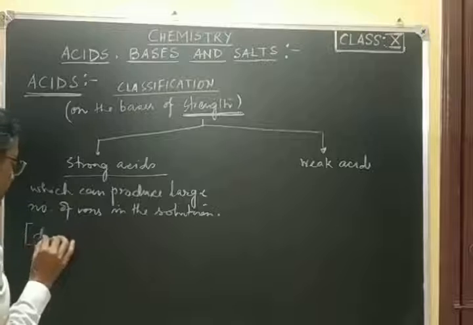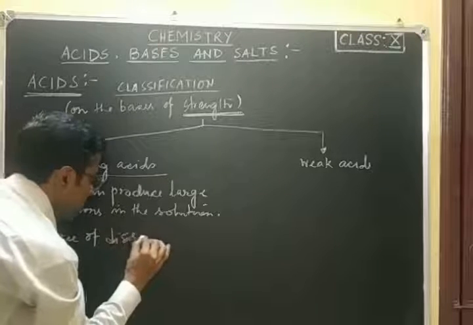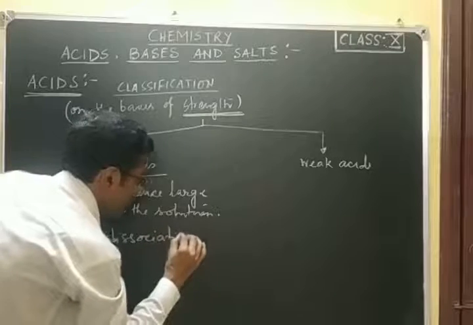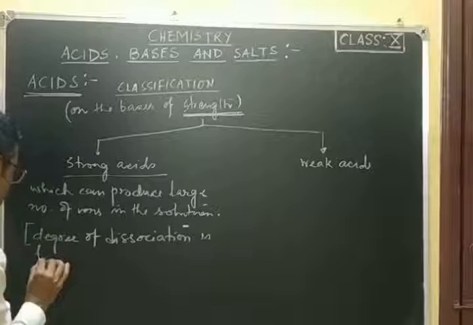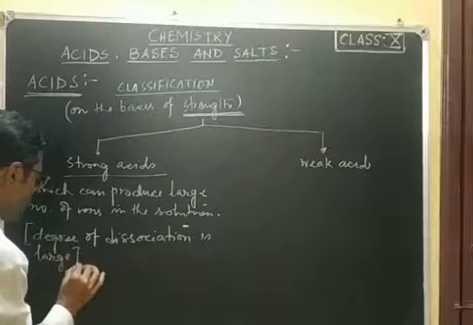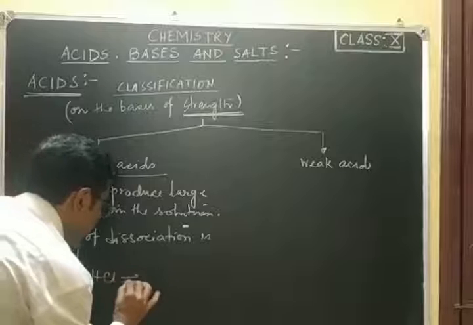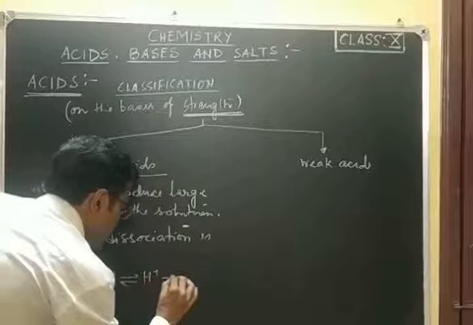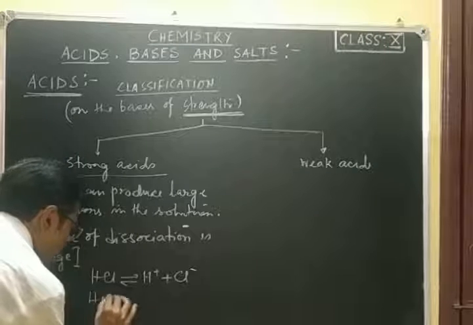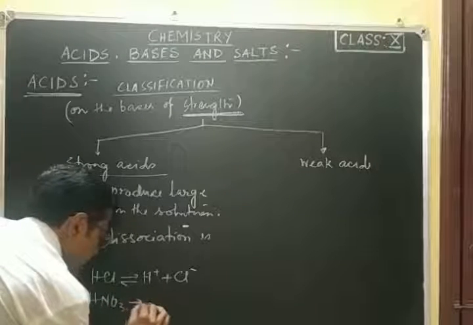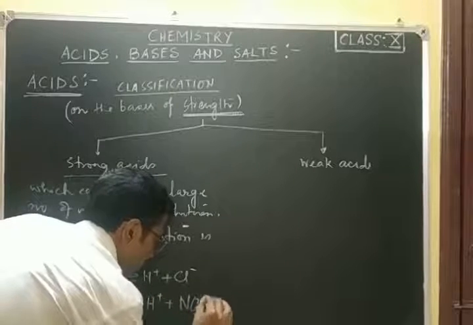So degree of dissociation means ion producing capacity is large. So what are the examples? We all know, say HCl, it is a very strong acid. So it can produce very easily a large number of ions. Say HNO3, it can also dissociate like this, NO3 minus.